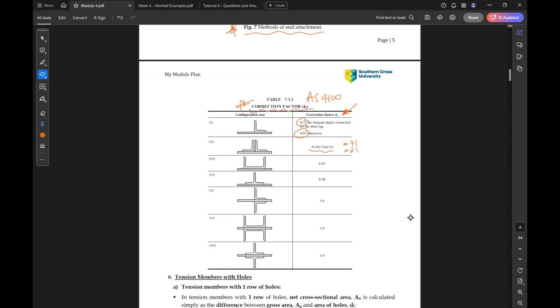Here, if you have a channel, we have 0.85. If you have this T section, we have 0.9. If we have these two symmetric angles in this way, take it as 1. Two channels, 1. Two Ts, 1. So in these three cases, we have symmetric connection to the blade or to the other member, so Kt equals 1 for all cases. Otherwise, you can take it as 0.75, 0.85 or 0.9.